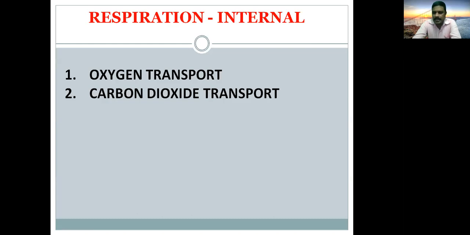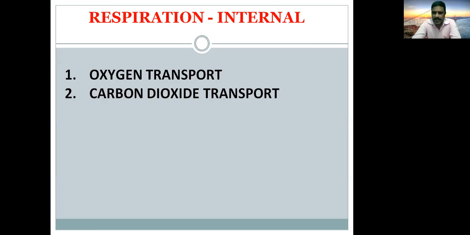So, blood is carrying oxygen from the lungs to the tissues, giving oxygen to the tissues, and the blood is receiving carbon dioxide from the tissues. And now, in the return journey, the blood will take this carbon dioxide again to the lungs, and in the next cycle of respiration, this carbon dioxide will be sent into the lungs.